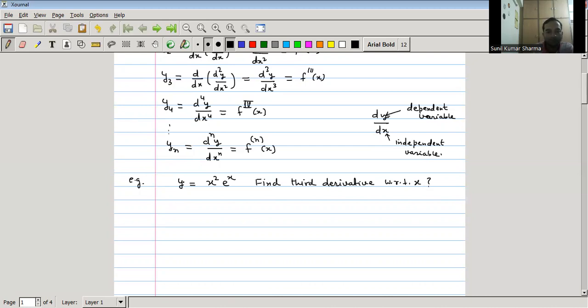Then what we do is, we find y1. y1 is one time differentiation of y with respect to x.